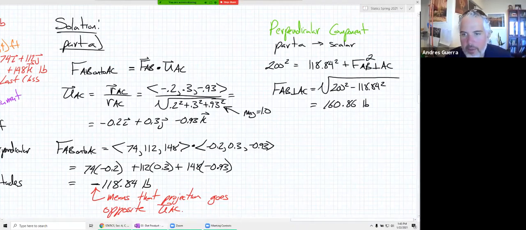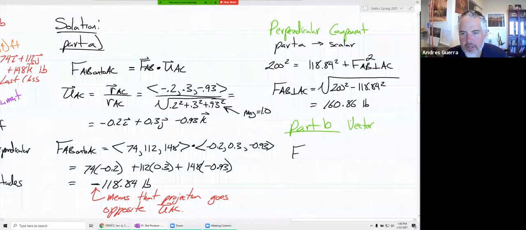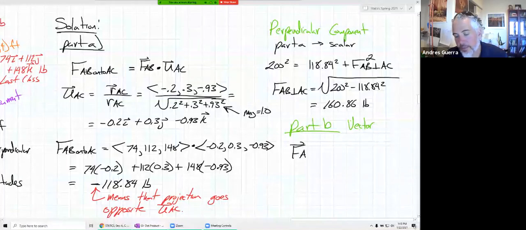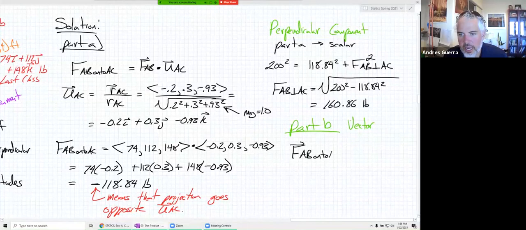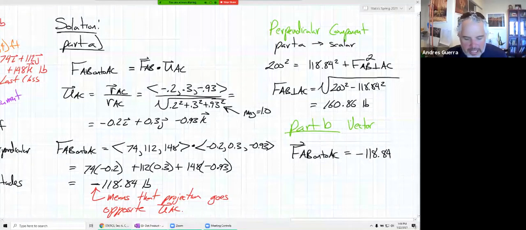Okay, moving on here to part B then. For part B, we want to find, this is the scalar stuff, or sorry, this is the vector stuff. And so we can find our force vector of the parallel component of FAB onto AC, which is going to be the minus 118.84. So actually, we keep the sign.